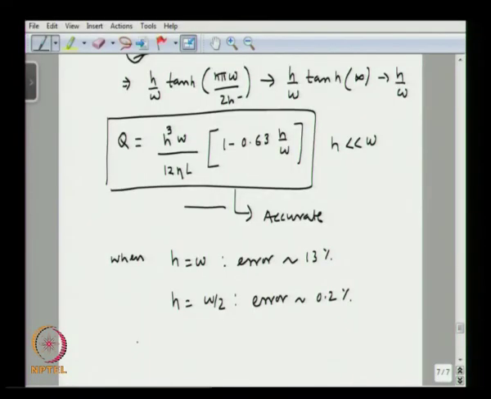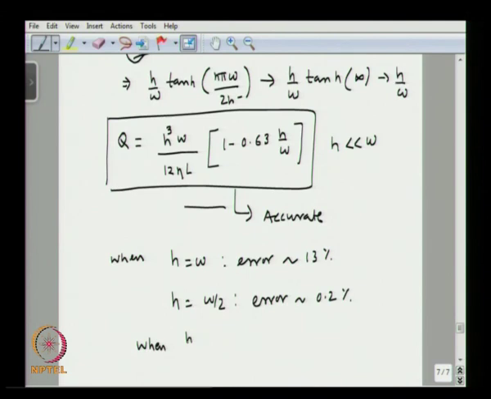Okay. So, this simplified equation can be used to analyze flow in rectangular cross section, and if h is a little bit less than w, then also it will give you accurate results, and in the worst case when h equal to w, the error is about 13%. Okay. And if h is very small compared to w, in that limit it becomes like a flow between parallel plates.